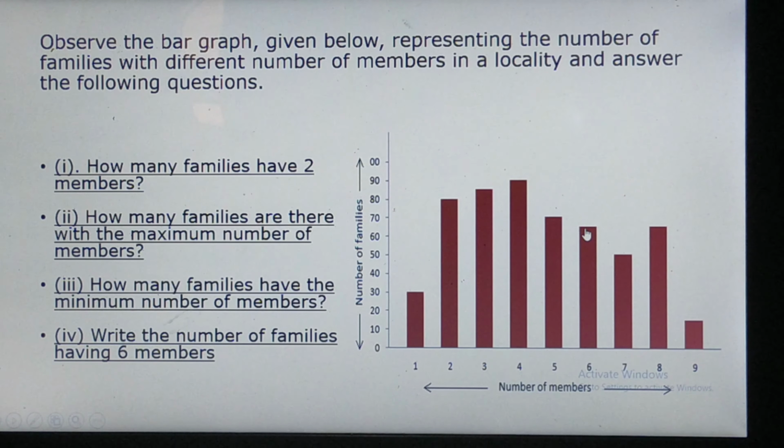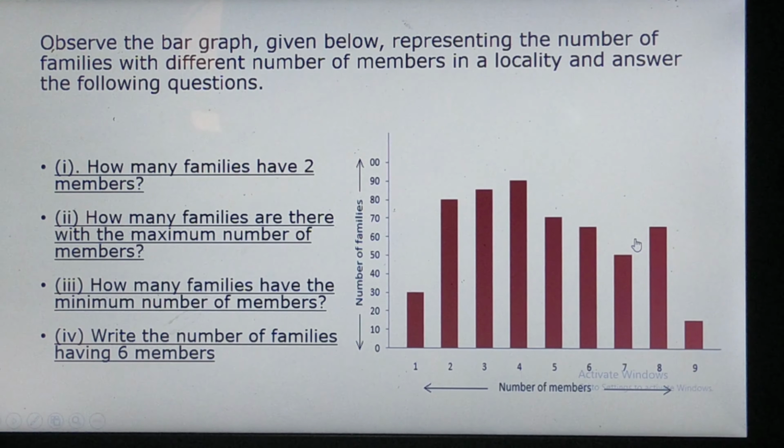You have to check this bar and choose the value corresponding to this, which is 60. So the number of families having 6 members is 60 families. So this is the form: you observe a bar graph and analyze the questions followed by the bar graph. I hope you understood. Thank you for listening.